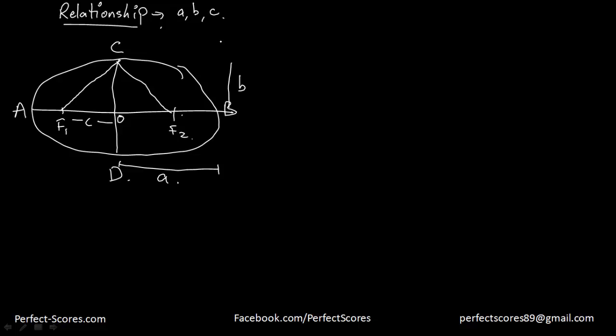We have to find the relationship between A, B and C. Now, if you understand the definition of an ellipse, you will know that in an ellipse, for any point, the sum of distances from the two focus points is a constant.